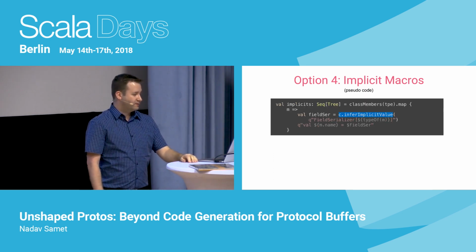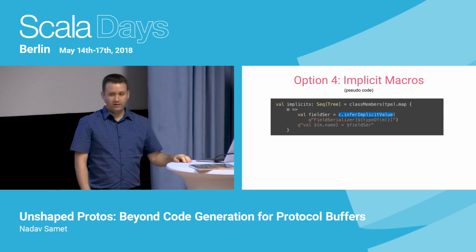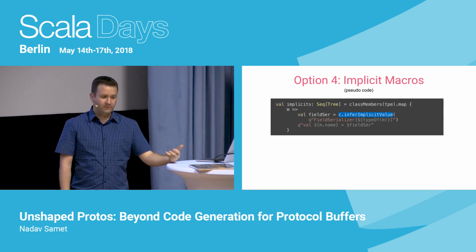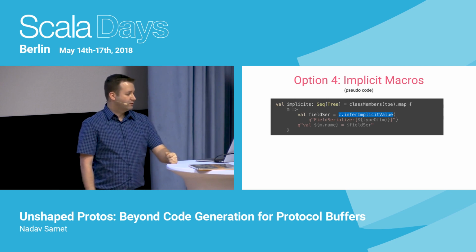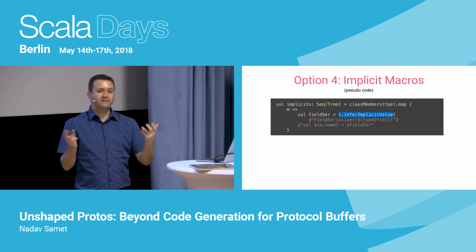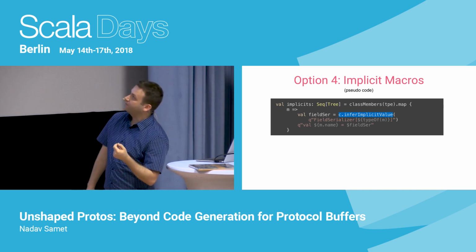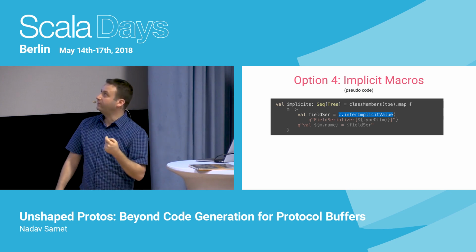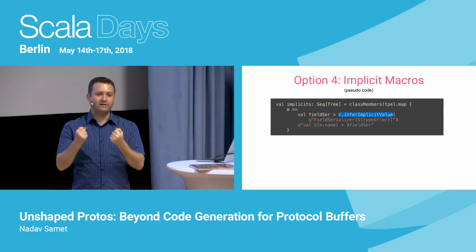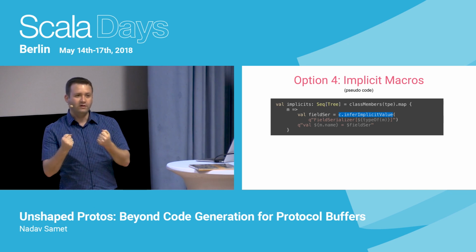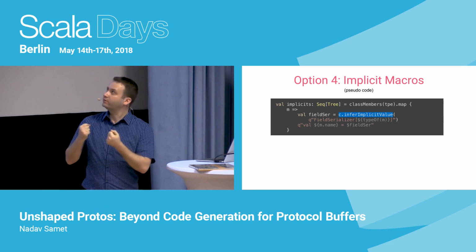So how would you implement the macro to actually serialize something? The first thing we want to do is get all the field serializers for the types that we have in our case class. It turns out there's a very cool method called inferImplicitValue that I can use to tell the compiler to start an implicit search for the field serializers that I care about.